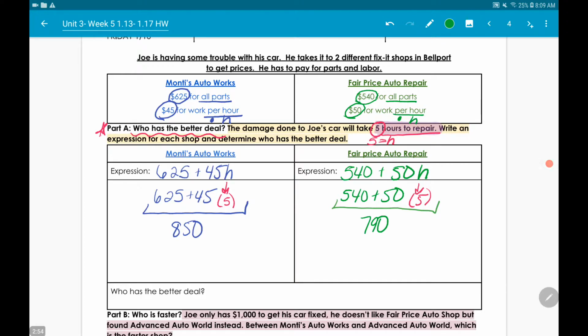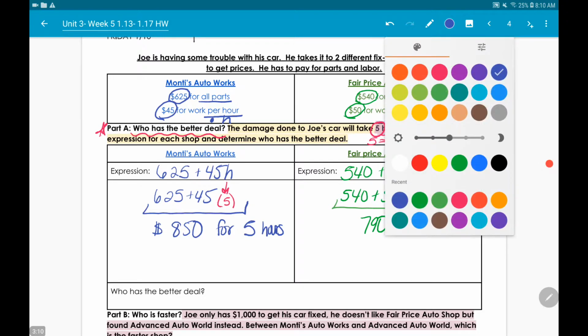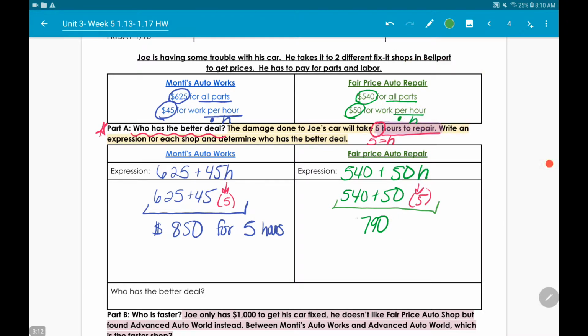Okay, for Monty's Auto Works, I got 850. But again, let's go back to what the number means. 850, we're talking about money. So it's $850 for the 5 hours. And then the same thing for the other one, Fair Price Auto. It's $790 for 5 hours.